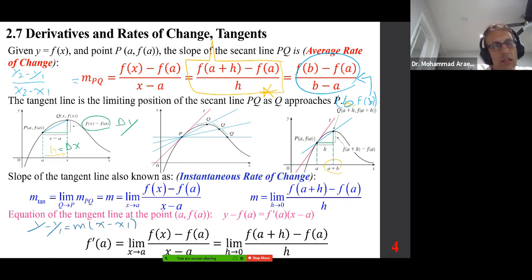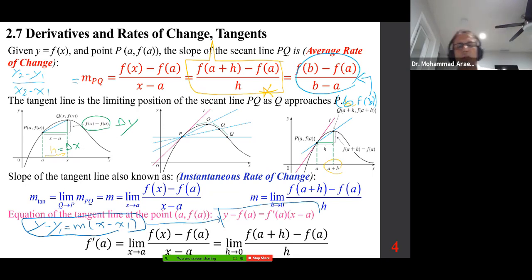So I want you to look at this formula. This is identical to this formula. Instead of y sub 1, we are using f of a. Instead of m, we call it f prime of a. I can't emphasize this enough, so we don't want to be confused.